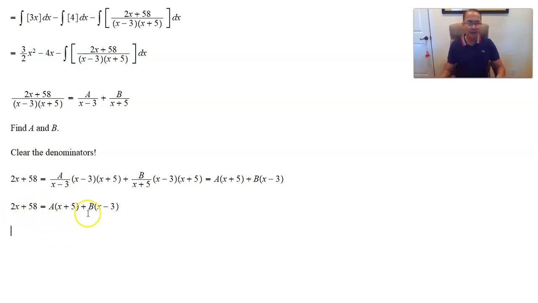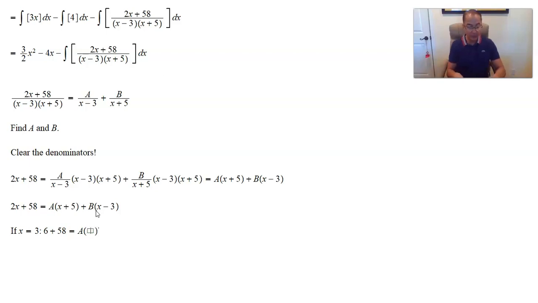Well, if we plug in 3, let's start with positive 3. If x is positive 3, then the second term is going to disappear. That's just 0 times B, which is 0. So we get 2 times 3, which is 6, plus 58 must be A times (3 + 5), so A times 8.